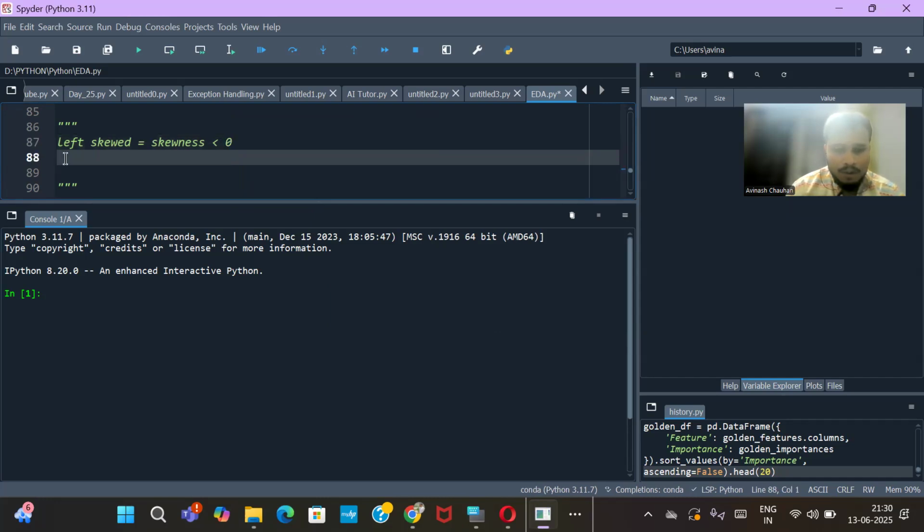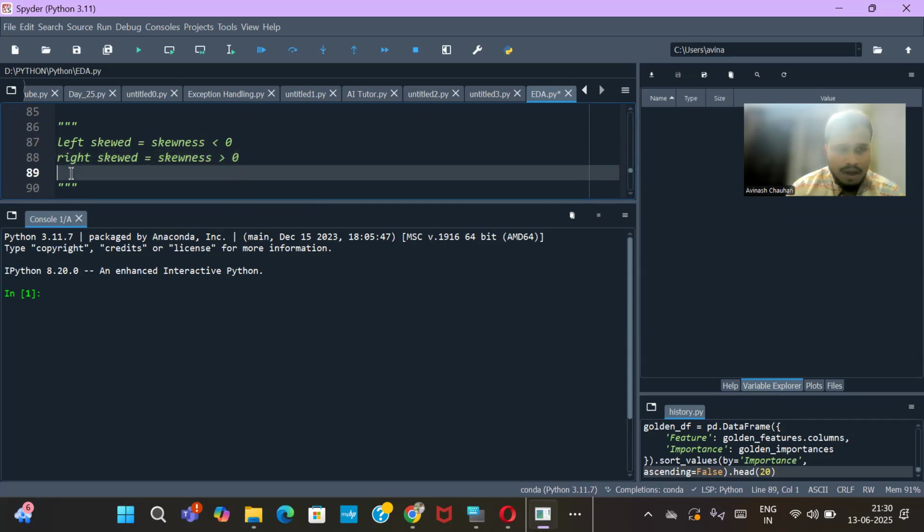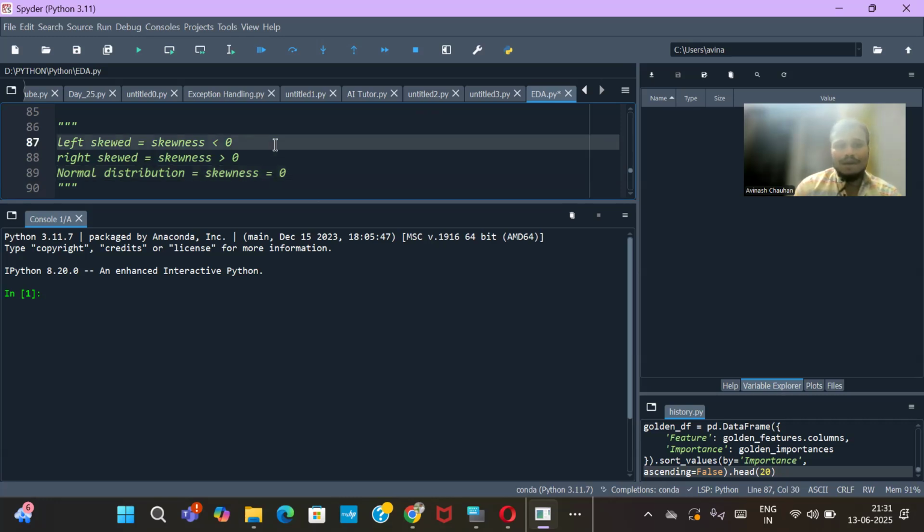And when I am talking about right skewed, here my skewness value will be always greater than 0. And when it is normal distribution, my skewness value will be equal to 0.